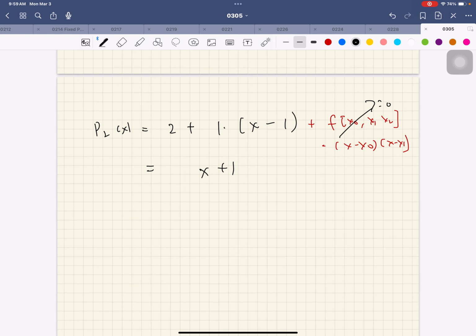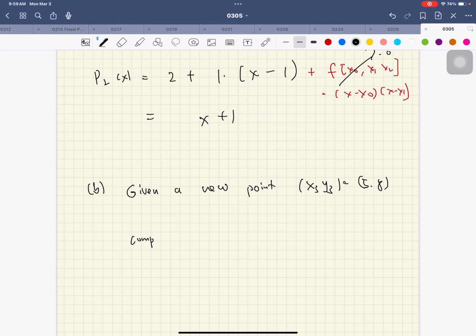But now we have the second part of the question, part B, which gives a new point. Let's say our new point is (x3, y3), which is equal to (5, 8), and then compute the Newton's interpolation for all 4 points.